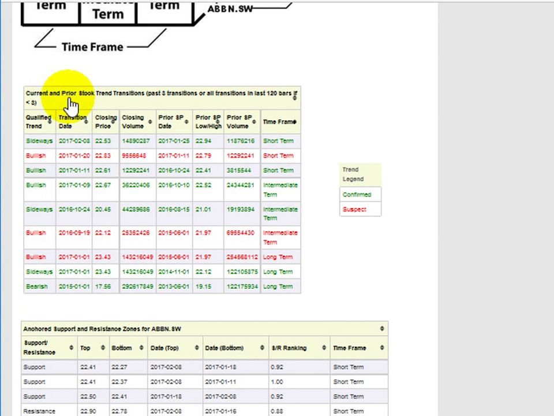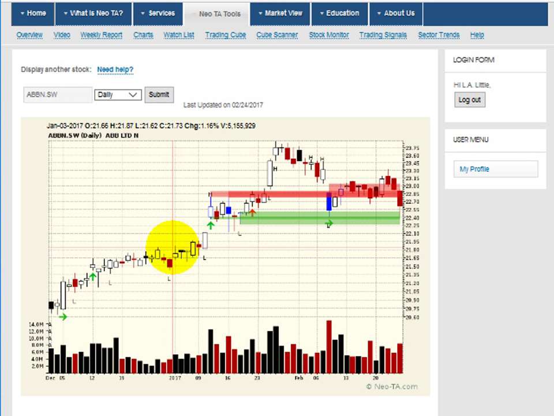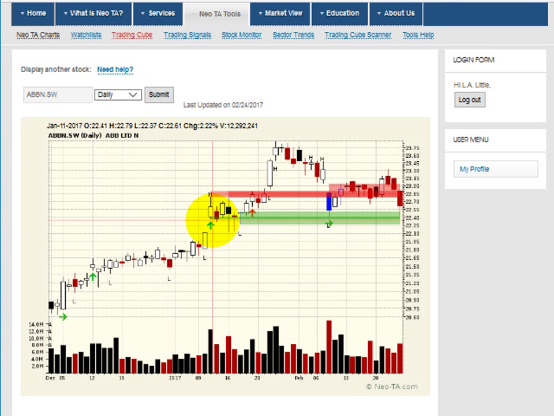And here are the prior stock trends that have transitioned. If we look at the short-term time frame, we can see that this transition back here took place on 1, 2, 3. Well, it's actually taken place too far back because we only do 3 of them. So it would be from here over that we can see them. So let's pick this one.